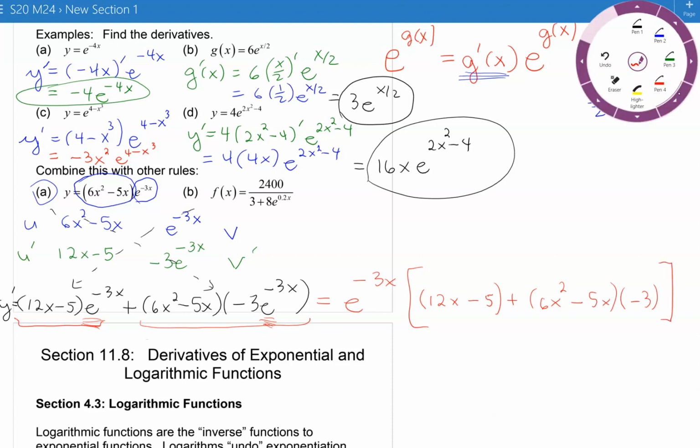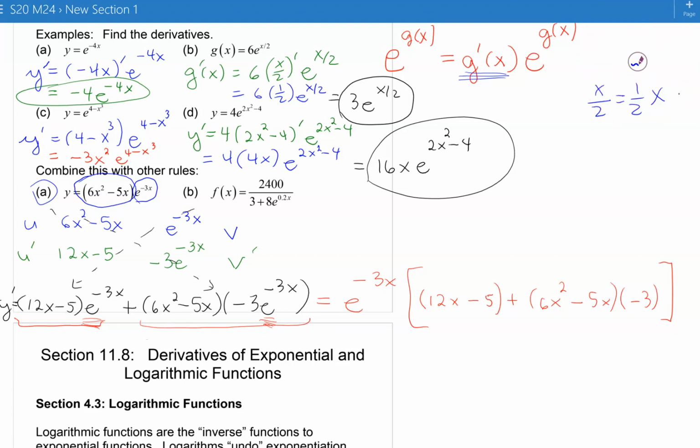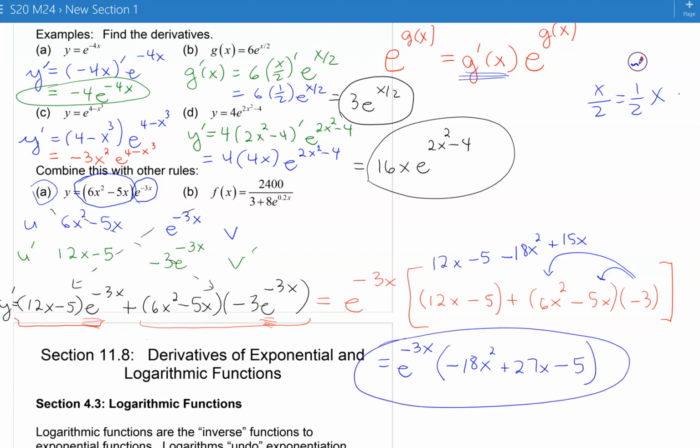So then I need to simplify what's inside the parentheses here, and I'm going to have 12x minus 5 minus 18x squared plus 15x. So my final answer is e to the negative 3x times negative 18x squared plus 27x minus 5. So that's a good place to pause, and then I'll make more movies for the logarithmic part.